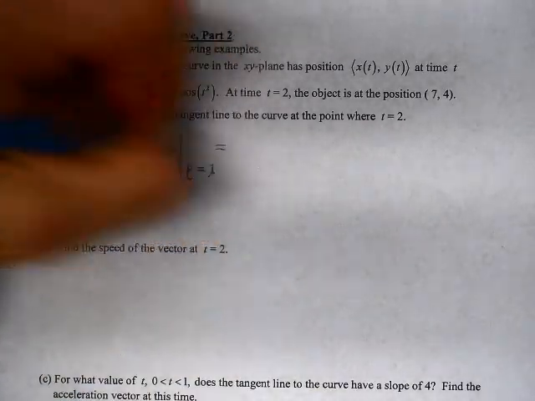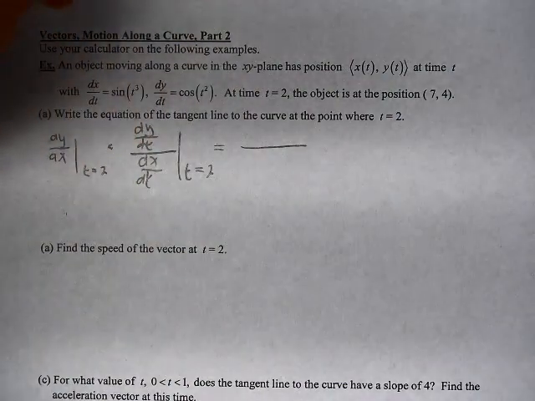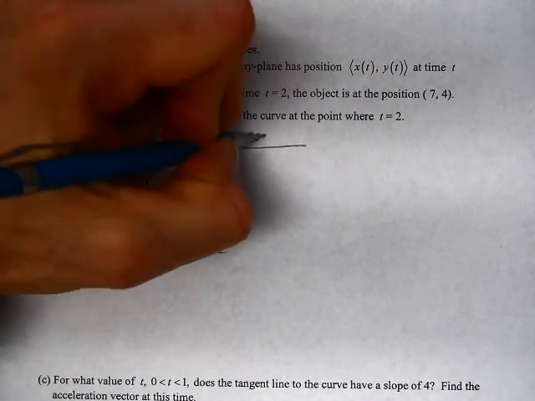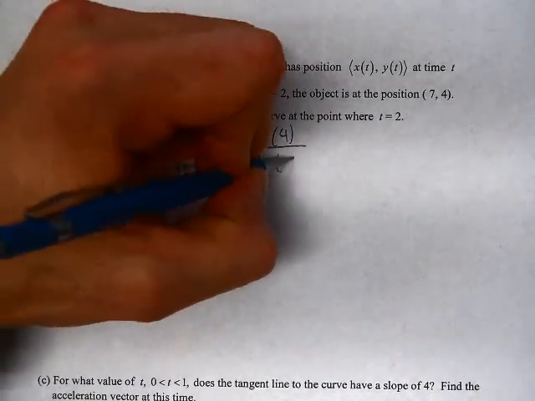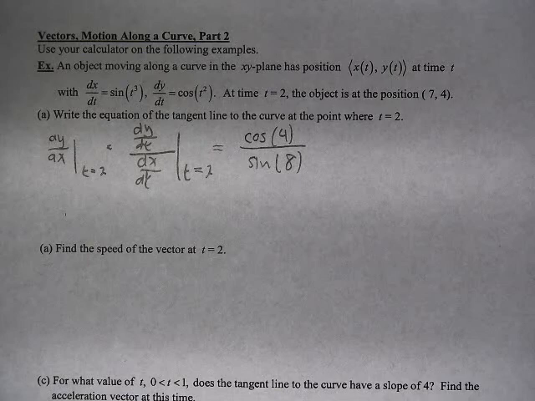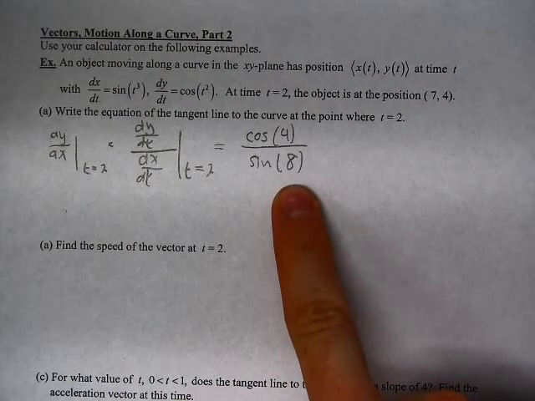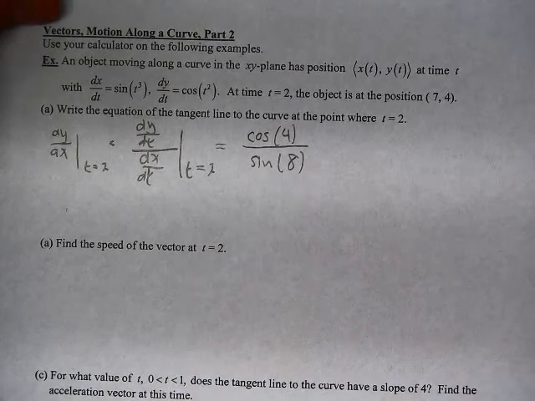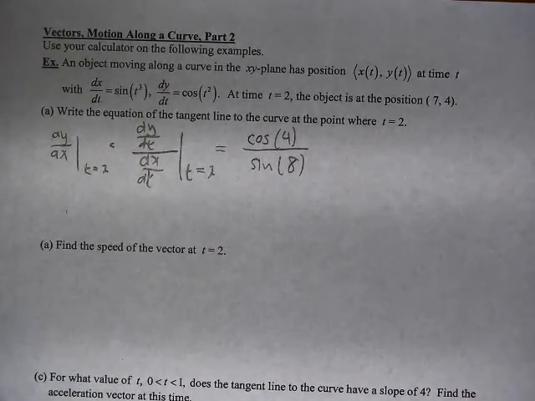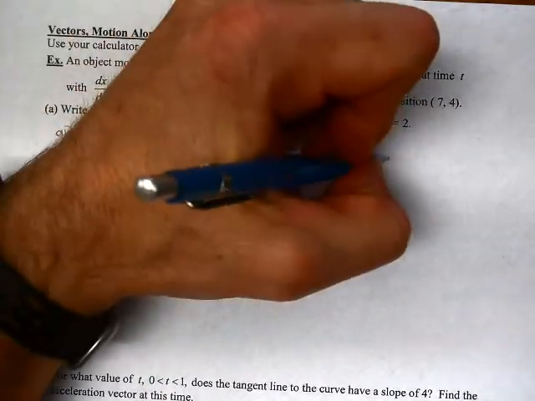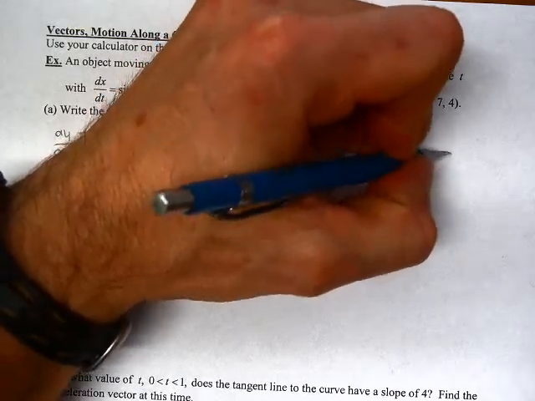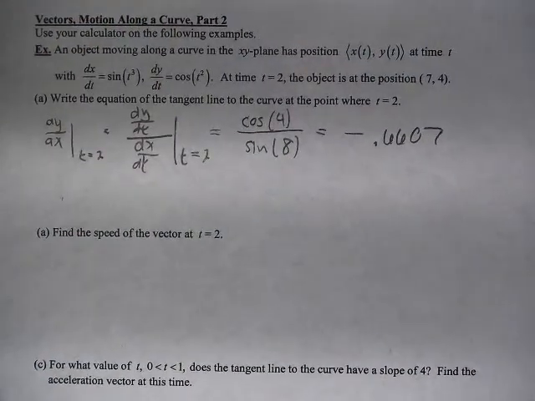So that is just cosine of t squared, so that's cosine of 4, over sine of t cubed, and that's sine of 8, and then I'm just going to plug that into my calculator. Keep in mind that we should be in radian mode. When we plug that in, I'm going to round that off to 3 or 4 digits. I'm going to leave 4 here, so negative 0.6607.